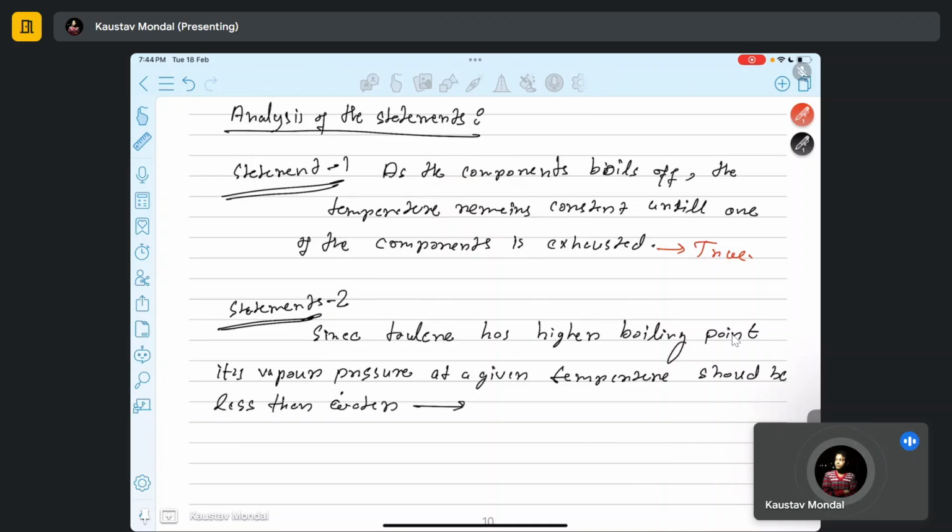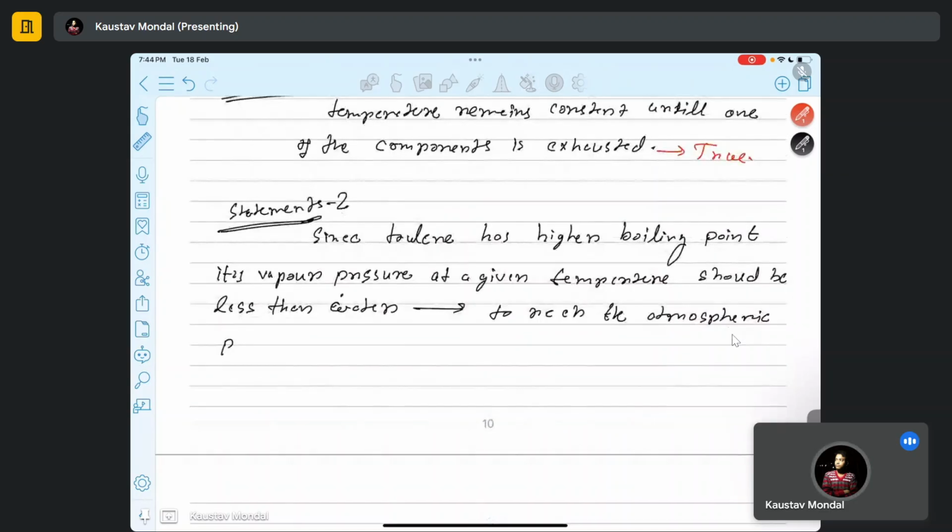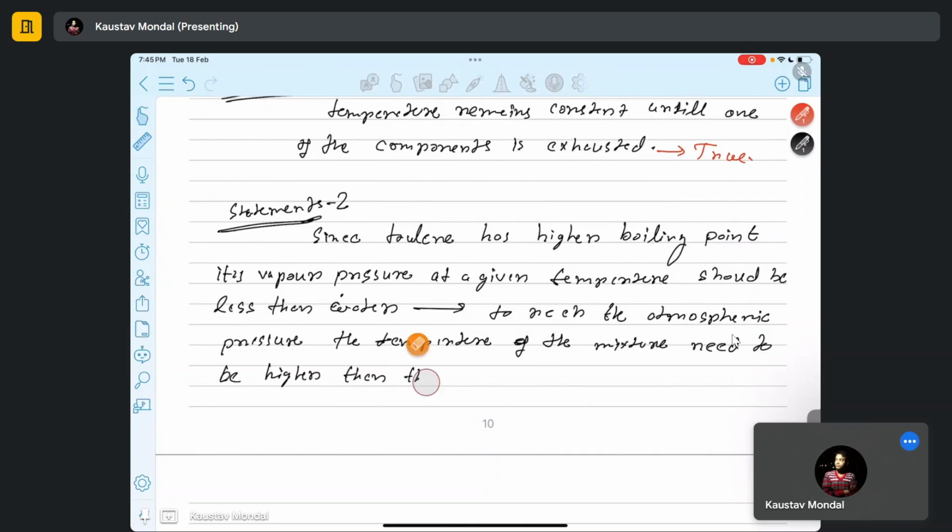This simply means that to reach the atmospheric pressure, the temperature of the mixture needs to be higher than 100 degrees centigrade.